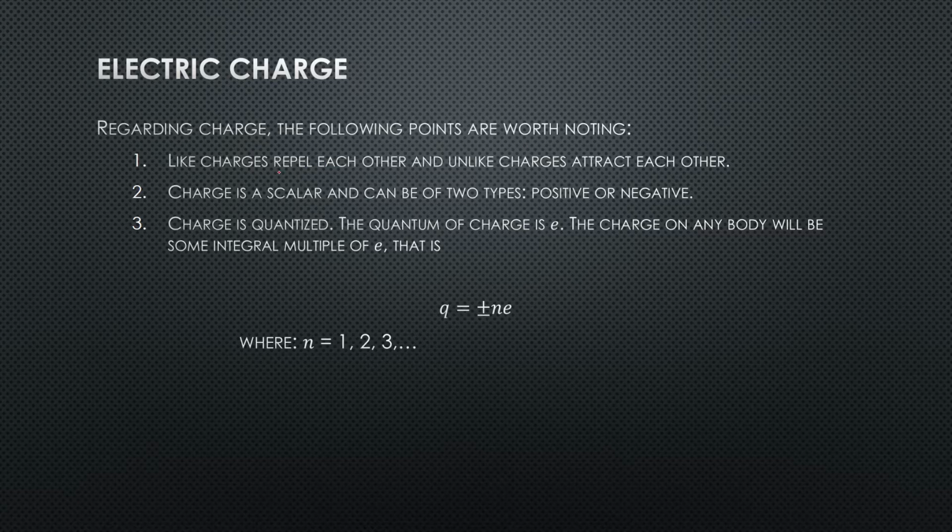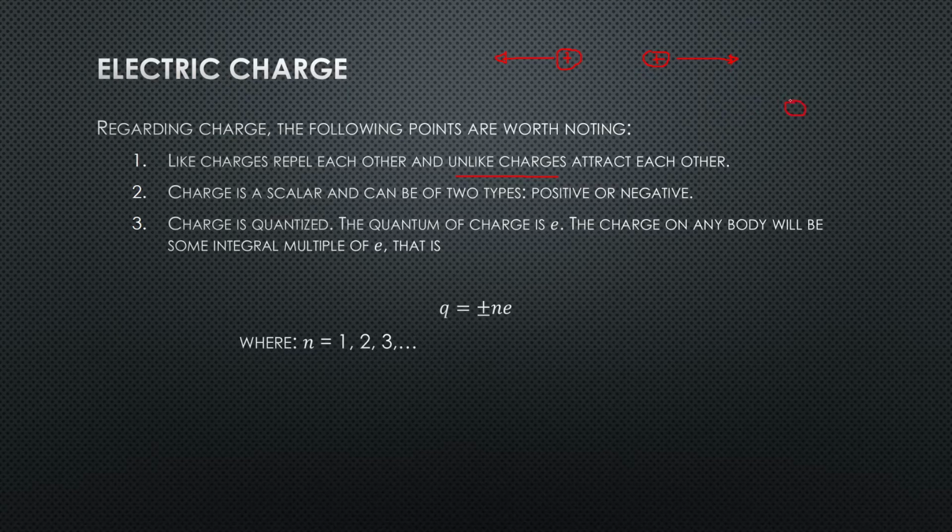Like charges repel each other. When we say like charges, for example a positive charge, say a proton, and another positive charge, they will not come into contact. They will push each other, so they repel. Unlike charges attract each other.